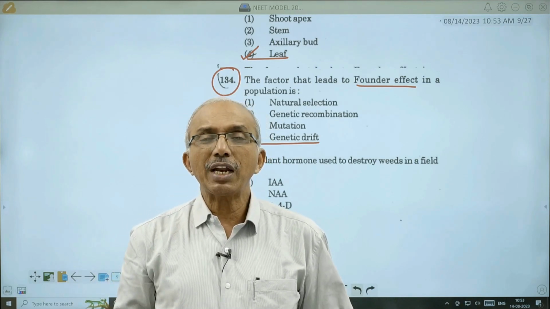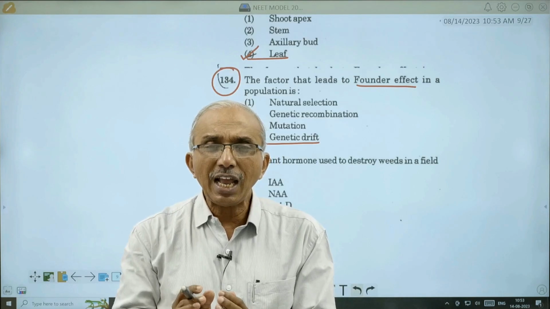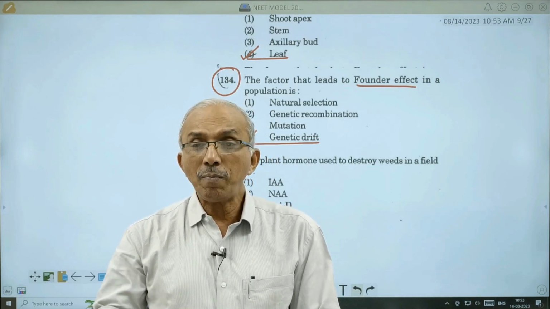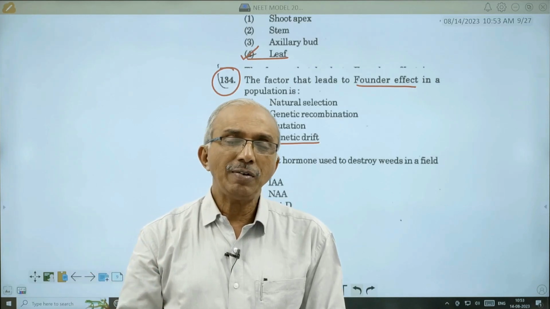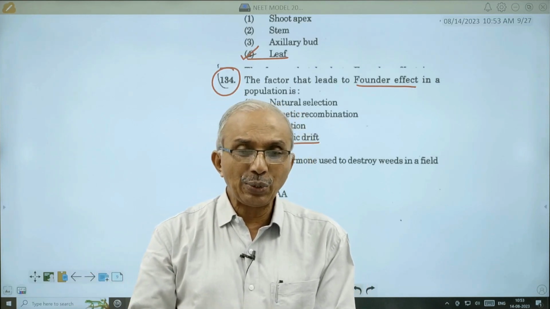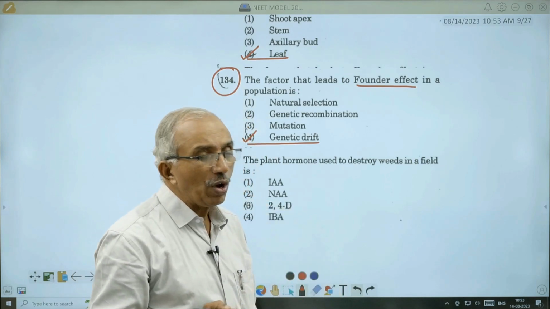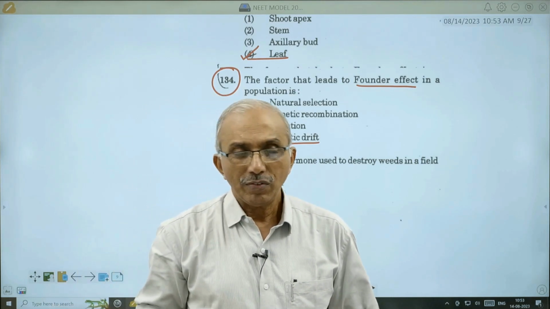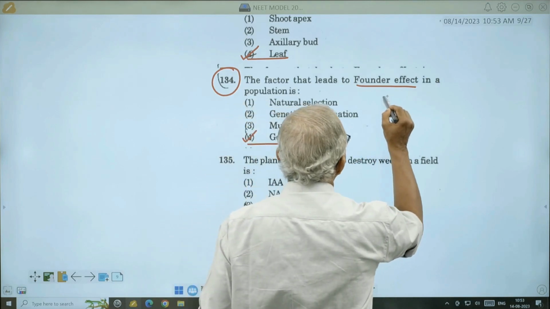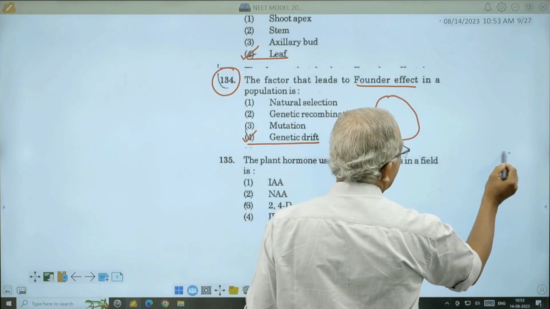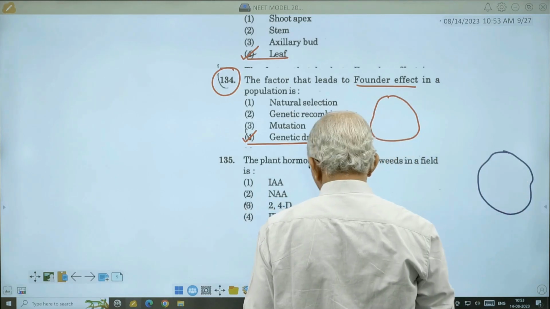What is founder effect? It is when a small group of individuals from a population migrates into another. Suppose this is a population and this is another population.